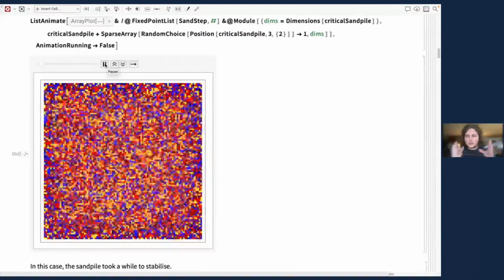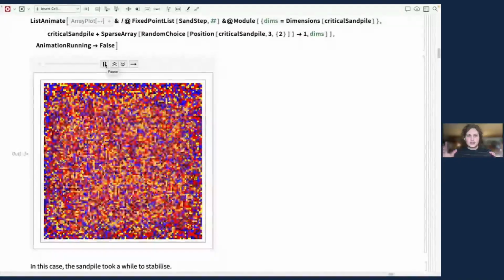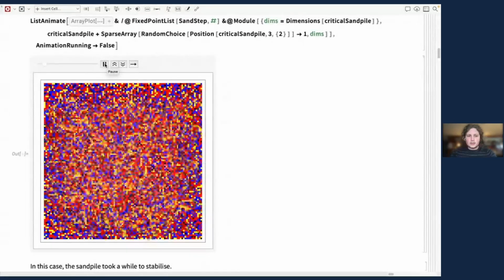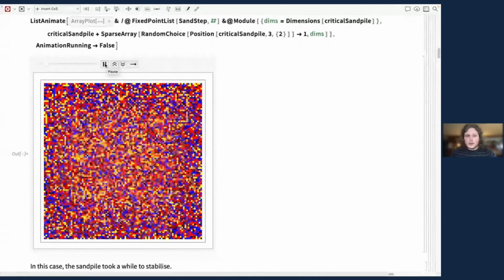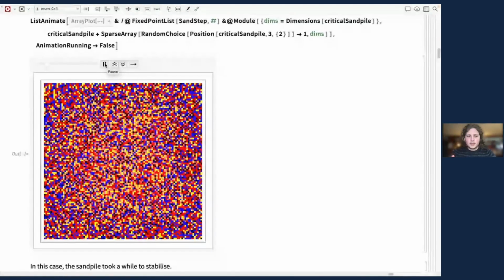So suddenly we have lots and lots of activity, and as time goes, that activity is going to get constrained to a smaller and smaller area. At the start, it's taking almost all the space that we have in our grid.